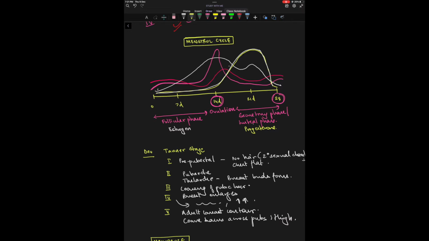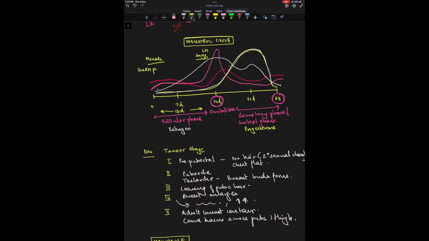So the follicular phase starts with menstruation and ends at the LH surge, right? It generally varies, but it typically lasts for 13 days. Then there is an increase in the frequency of GnRH pulse.